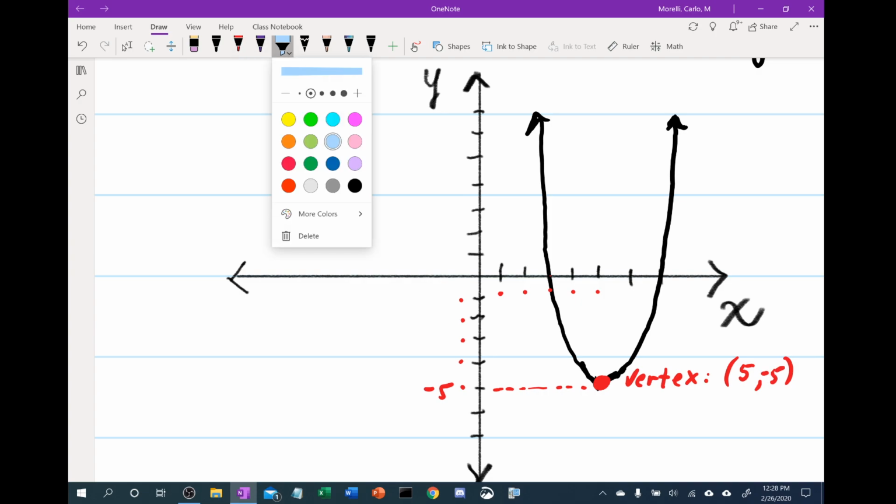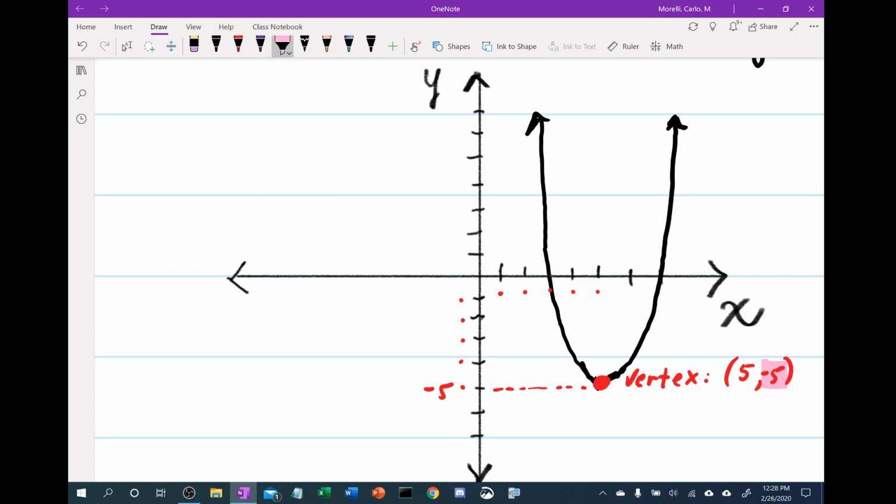This is the important number, this negative 5. Notice that these arrowheads are going up forever, so they're going up to infinity. And this thing will go down and stop here, and the lowest value it can be is negative 5. So my range is negative 5 to infinity.